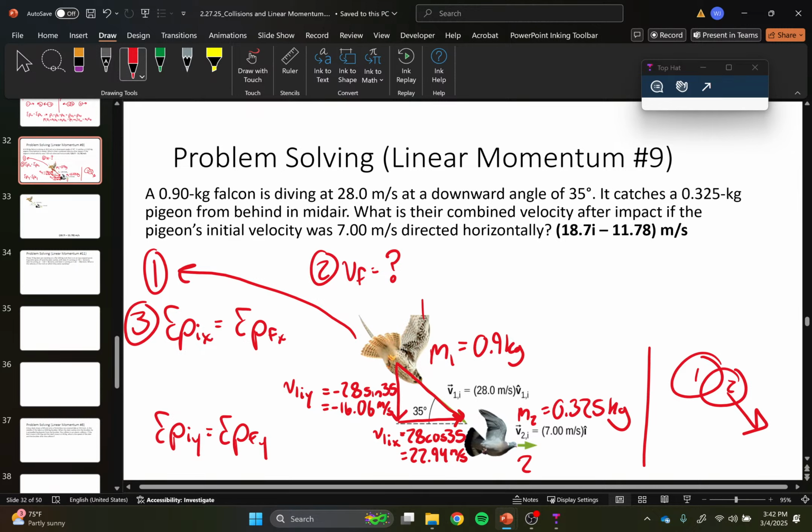How many objects do I end with? The only thing you've got to be careful of is x needs to be all x components, y needs to be all y components. Do not mix your x and y. X and y, oil and water. Do not mix. Keep them separated. At the very, very end of the problem, we'll be able to combine x and y with the Pythagorean theorem. That's at the very last step.